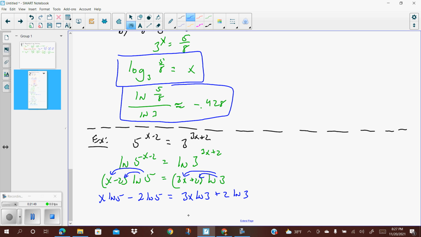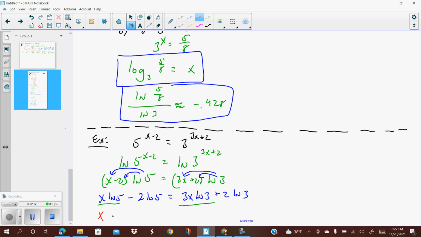Okay, now what we actually have is a way to solve for x. I can get all the terms that have x to one side, and all the terms that don't have x to the other side. So that one's got an x in it, that one's got an x in it. The other two do not. So I'm going to subtract the 3x ln of 3 on both sides.